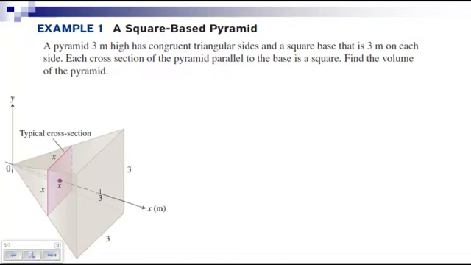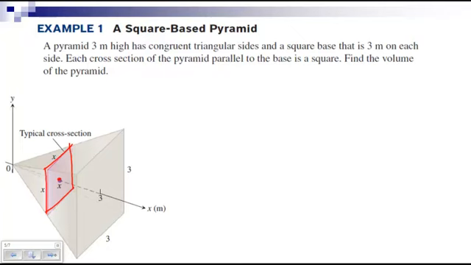And at some arbitrary point x, that pyramid has a cross-section which is indeed a square. Can we figure out, for some value x, what the area of that square is?